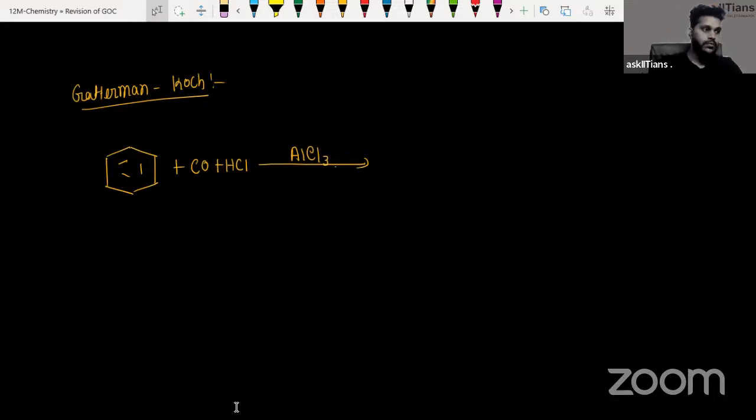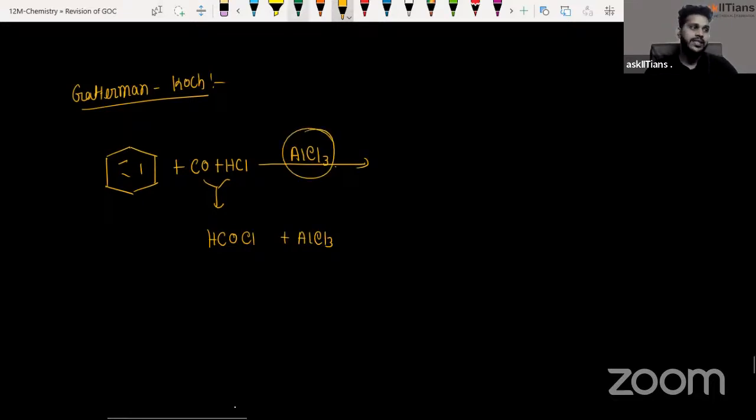So first, when they react together, what would they form? CO plus HCl, they would form HCOCl, isn't it? Now tell me what would happen with AlCl3 when they react. What is AlCl3 here? Lewis acid.